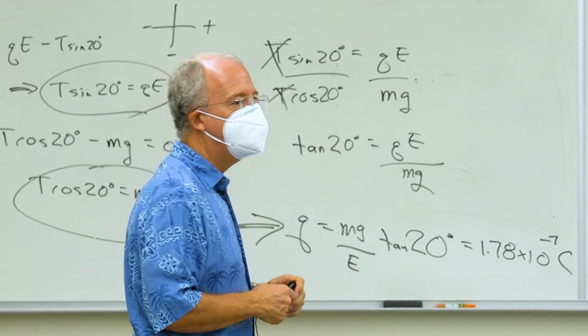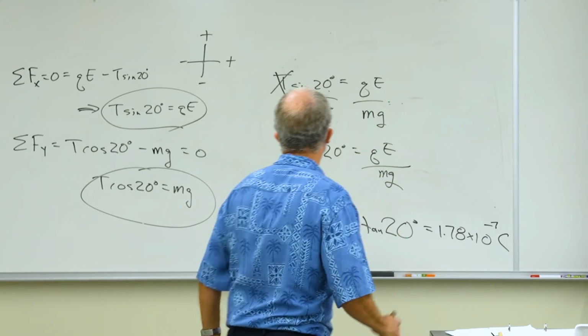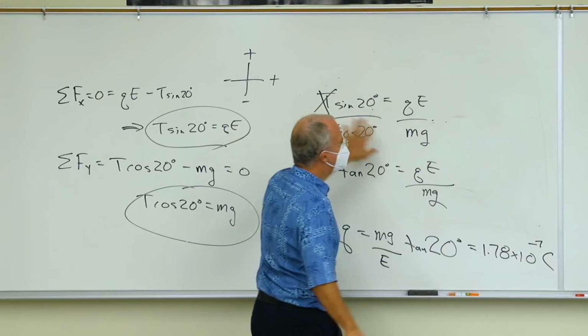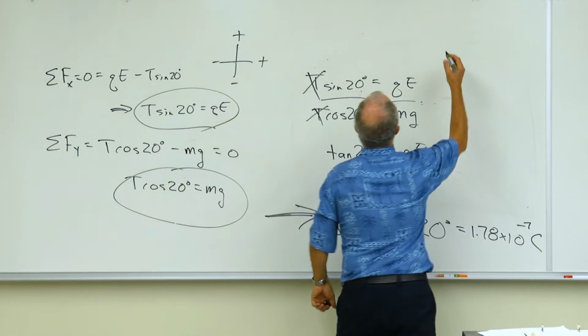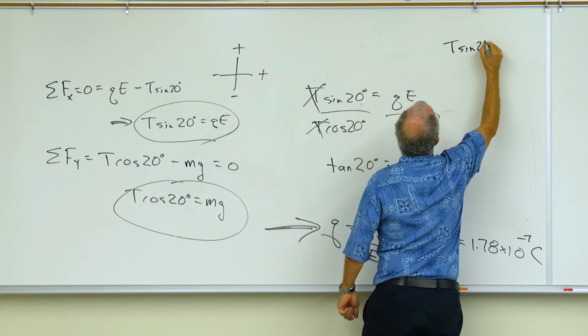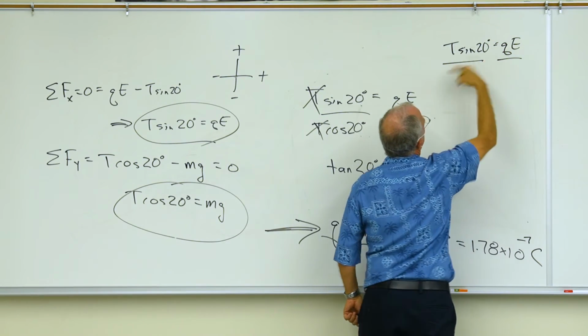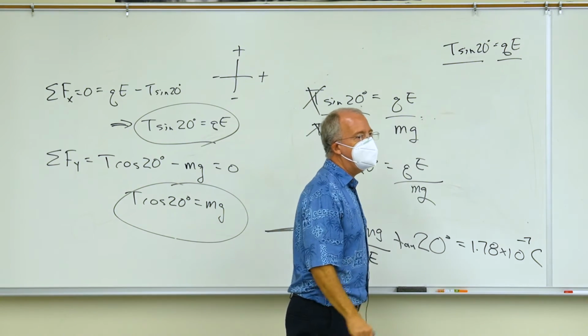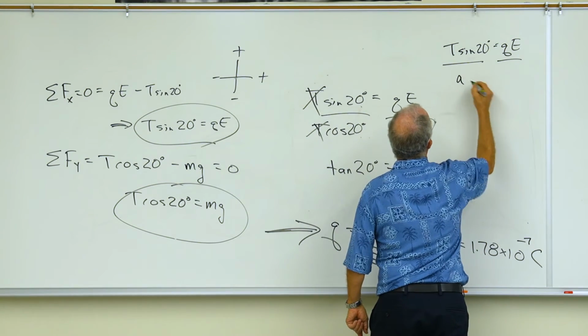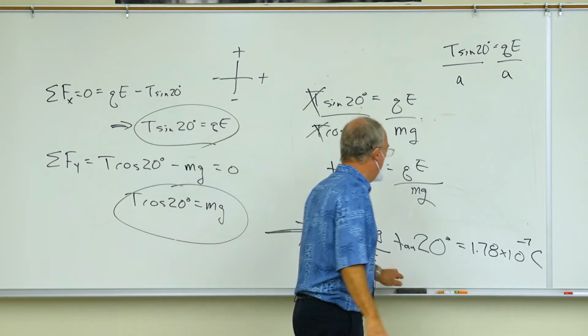Why can't you just put them over each other? Why can't you just put them on top of each other like the T sine 20? Like this? Yeah. Okay. All right, so let's do it. Would you agree that T sine 20 equals QE? That's a true statement, right? Now, if I divide by A on the left, I have to divide by A on the right. That's just good old algebra.